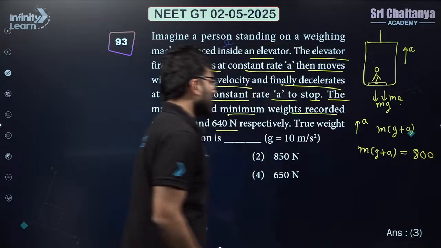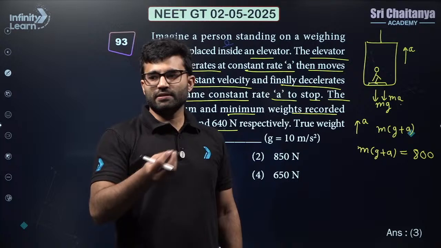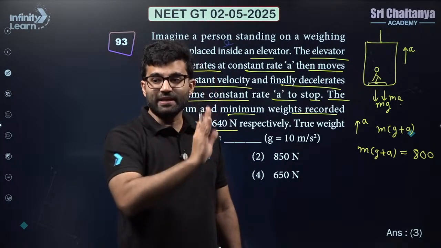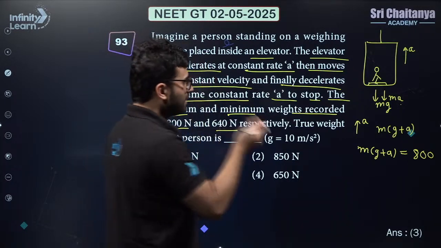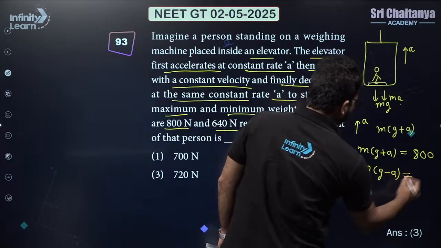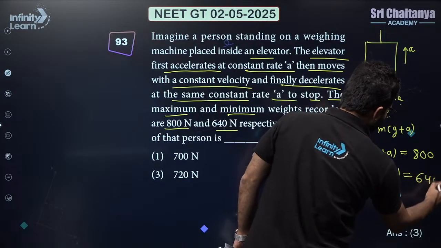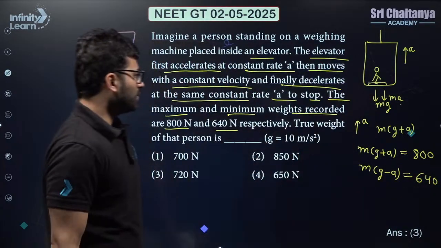That is given to you. And minimum, when will it be minimum? When this is decelerating, right? So it would be m times of g minus a, and that is given as 640, correct?